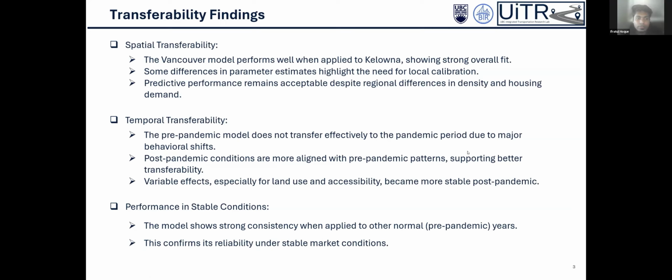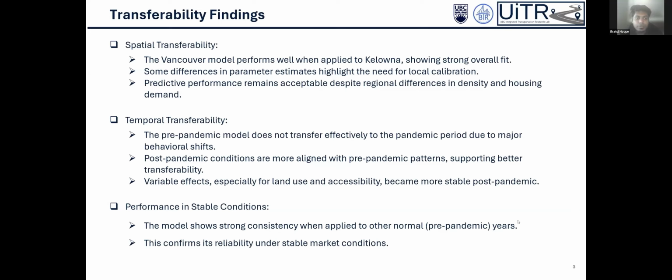In terms of temporal transferability, the pre-pandemic model does not transfer effectively to the pandemic period due to major behavioral shifts. Post-pandemic conditions are more aligned with pre-pandemic patterns, supporting better transferability, and variable effects, especially for land use and accessibility, became more stable post-pandemic.